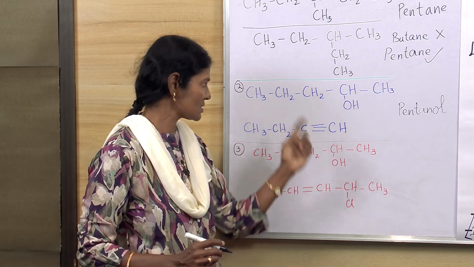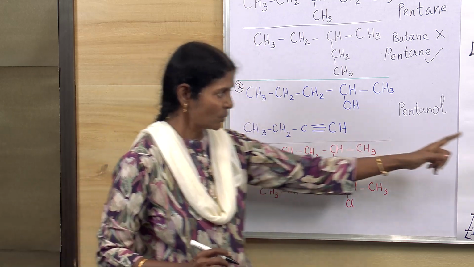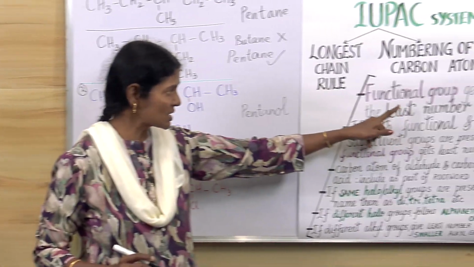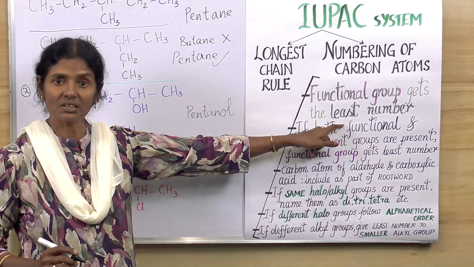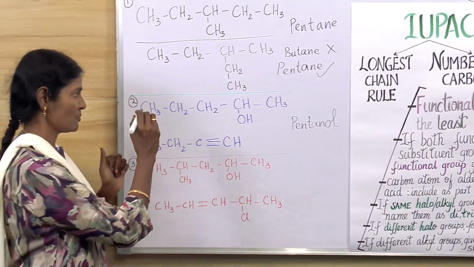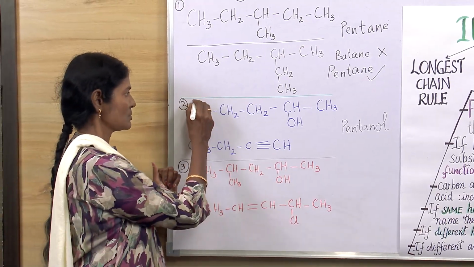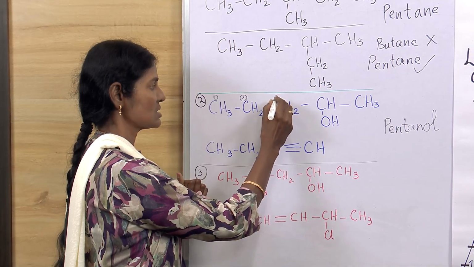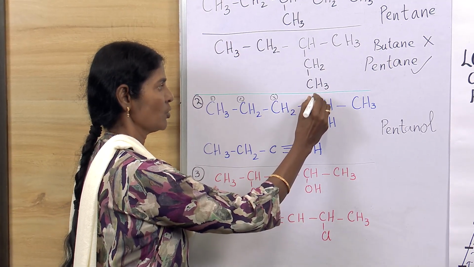How do we do that? If we start from this side, what does our rule say? If a functional group is present, it has to get the least number. Let's start counting from left to right. This will be carbon atom 1, this will be 2, this is 3, this would be 4.